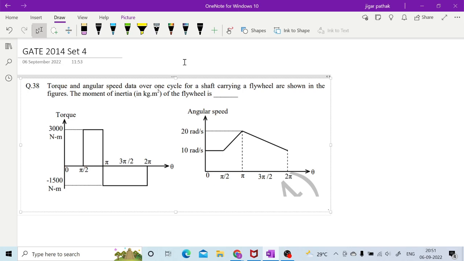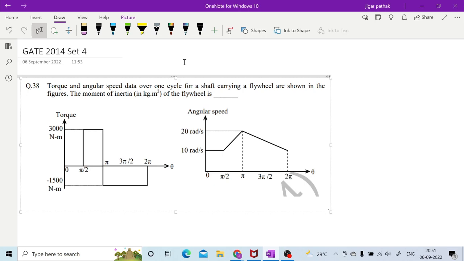Sir, above the mean is the maximum fluctuation of the energy, and first I have calculated the mean, which comes to be 0. That is, the theta diagram is our mean line. Area above the mean line is the maximum fluctuation of the energy.